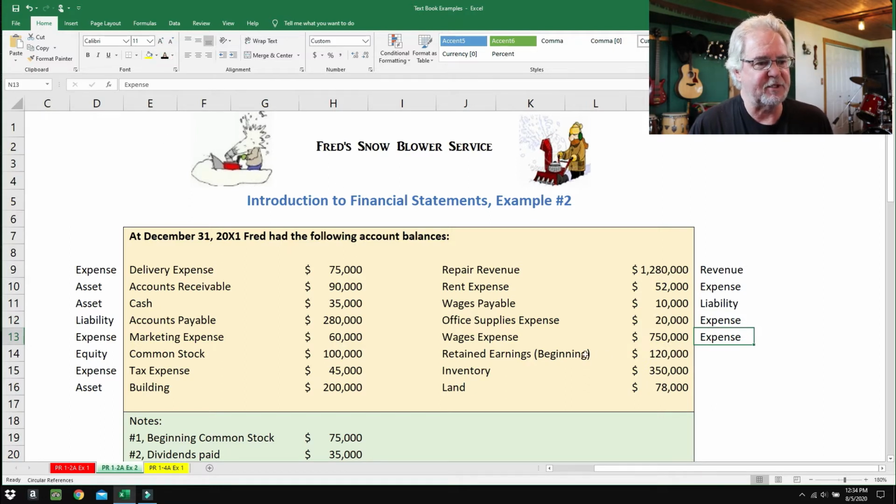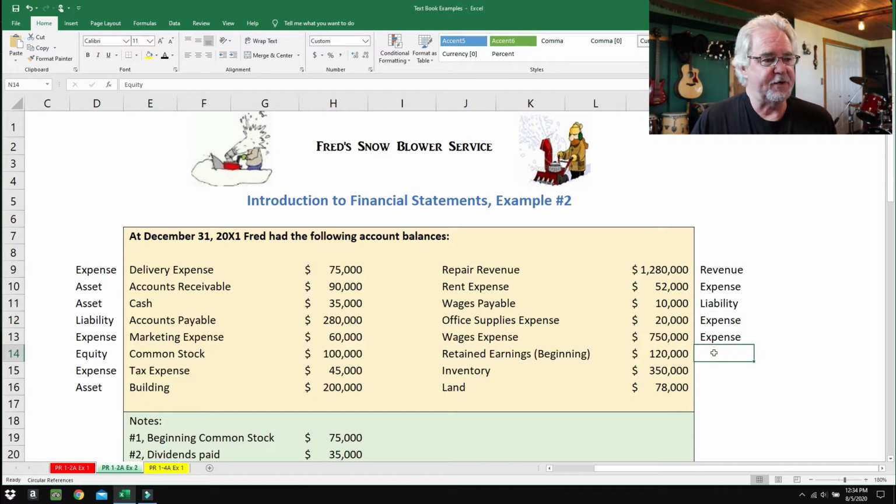Now, what's the difference between wages payable and wages expense? Well, wages expense is money that has been paid to workers for helping Fred fix snowblowers or sell snowblowers, and it's a cost of doing business. Now, wages payable is money that is still owed to the workers. The workers have earned the money, but they have not yet been paid.